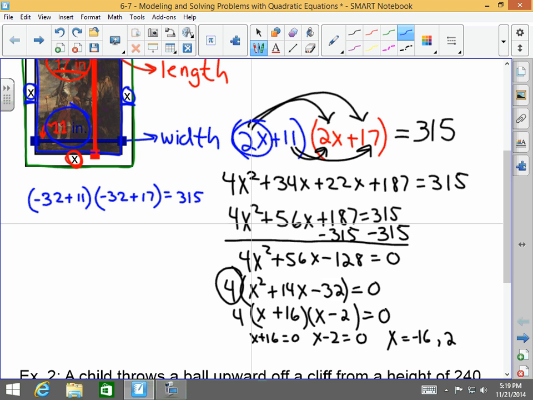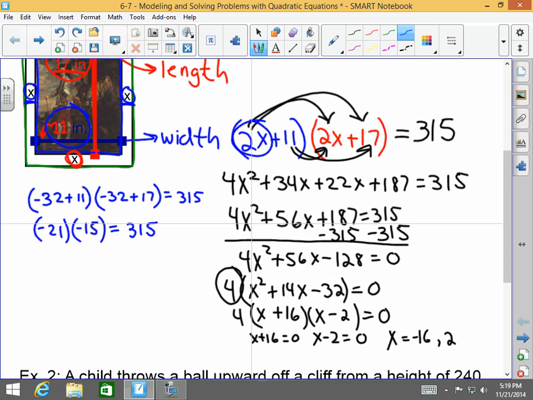I've got negative 32 plus 11, which is a negative 21, times negative 32 plus 17, which equals a negative 15. And actually, you know what, boys? This will work because negative 21 times negative 15 equals 315.